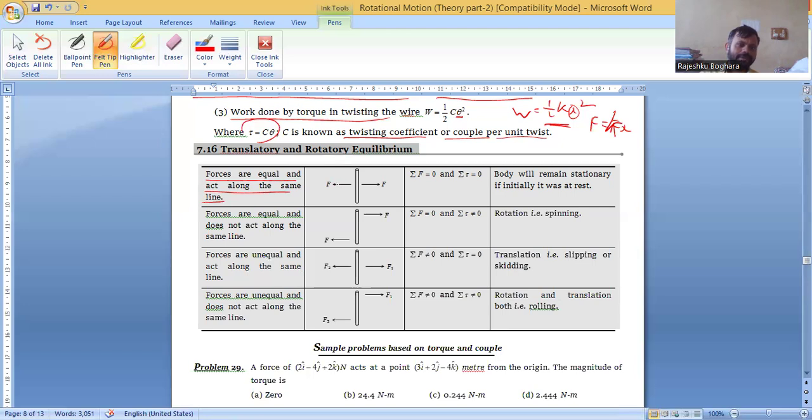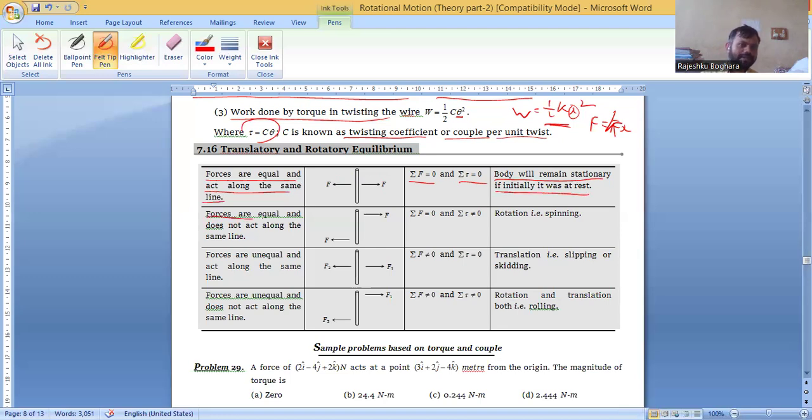Same line means translational equilibrium, and also rotational equilibrium, because the resultant force is zero. Force is zero, and forces acting on the same line means r is zero, so torque is zero. The body will remain stationary if initially it was at rest.